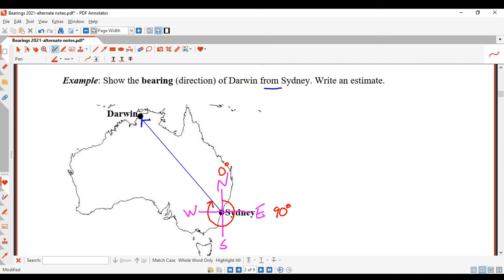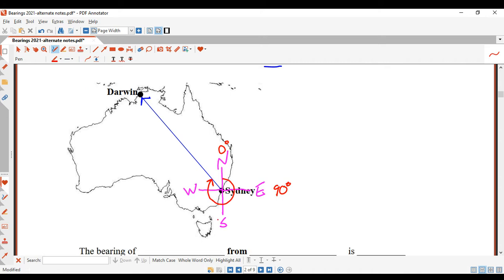We're measuring clockwise from the north direction, then 180 degrees, then 270 degrees, and then 360 degrees is the full circle. But we don't write 360. We just keep it as 0.